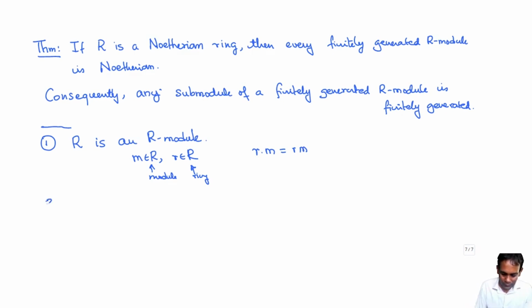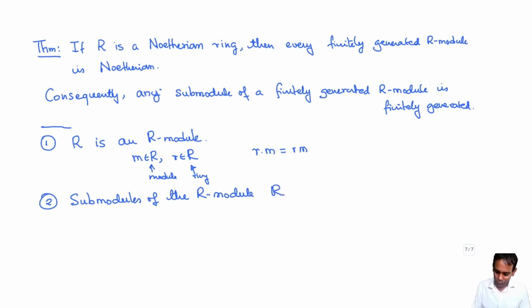Okay, and then what are the submodules of R? It's very awkward to keep saying the R module R, so I'll just write this as R, and on the left I'll put a small r, saying that this r is acting on R, so R is a left R module. Submodules of the R module correspond to ideals in R. Here we are working with commutative rings, so all ideals are two-sided ideals.